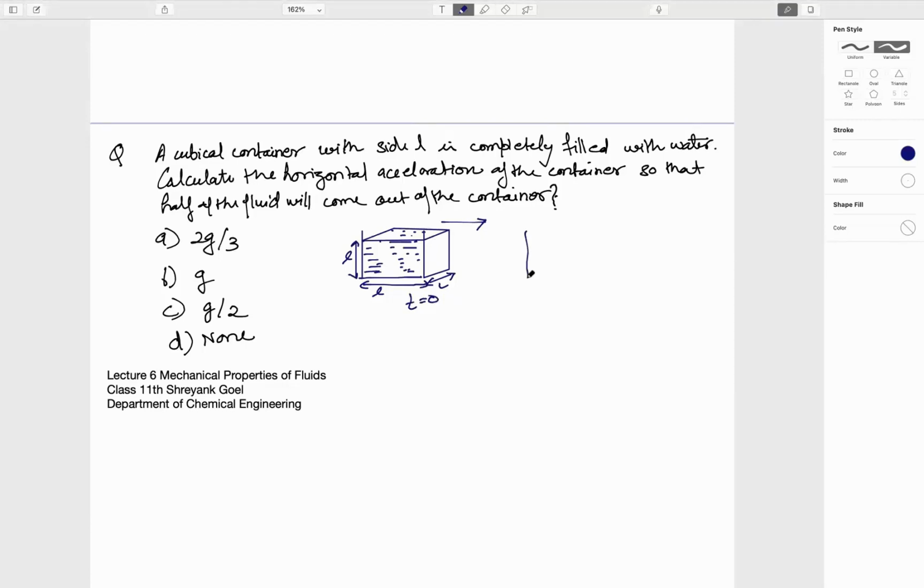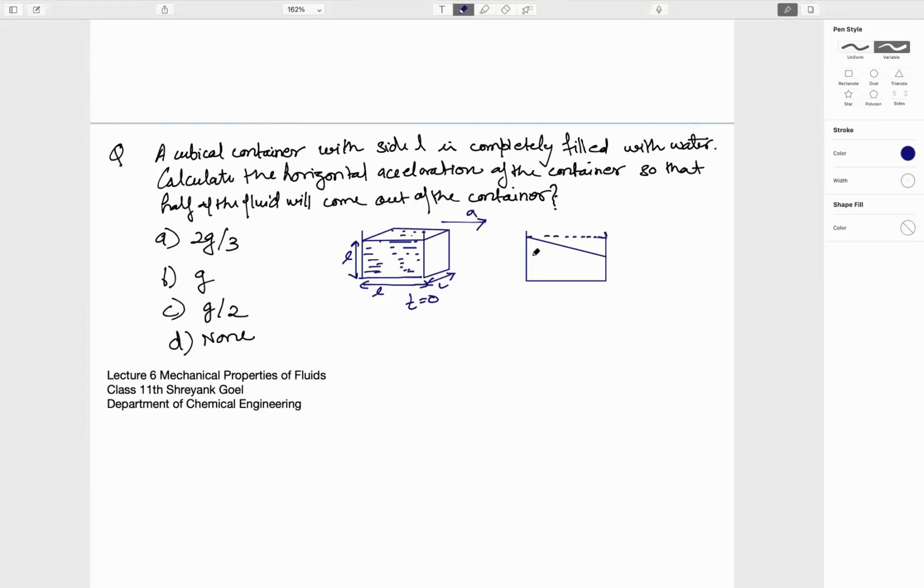At some time t, half of the fluid should be spilled out. So half of the fluid should come out of the container, and it is very clear that if it is accelerating in this direction, then the interface after time t will become something like this.